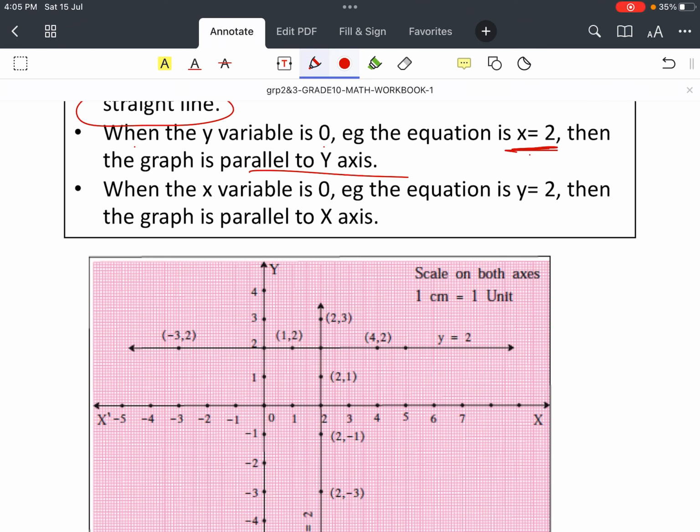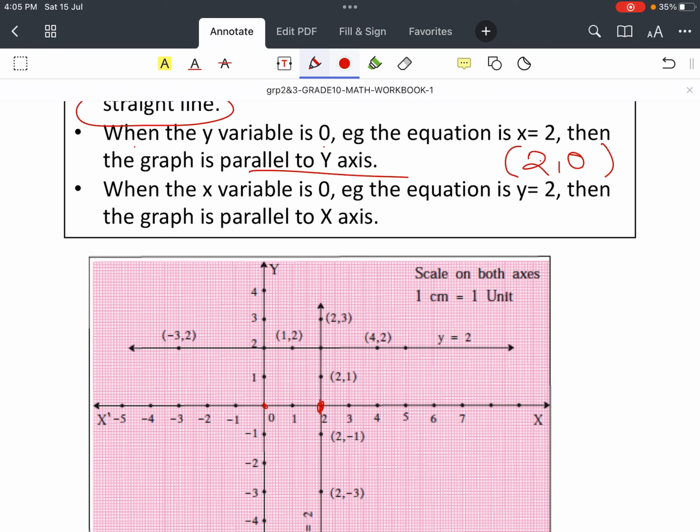or in short if you want to write it like that, suppose the equation is like that, or coordinates are like that, 2 0 means x is equal to 2. Write down here x is equal to 2 means this point, and y is equal to 0.